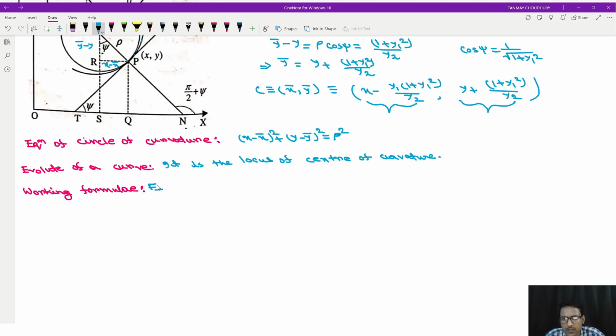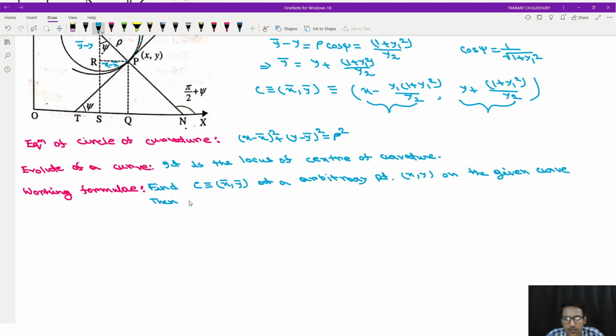So find center of curvature C at an arbitrary point xy on the given curve. So once we have found out the center of curvature at an arbitrary point, then what we have to do?